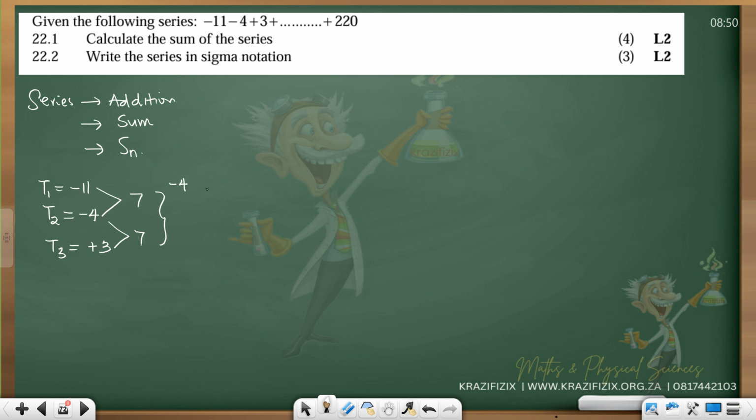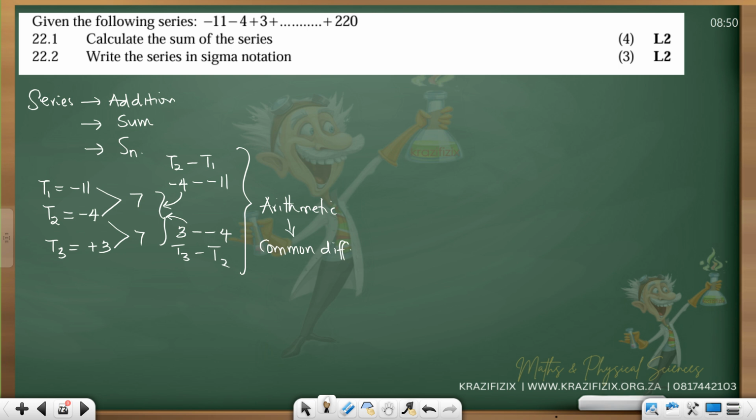Both are giving you the same answer, so it's a common difference, T2 minus T1. By doing this, I have already identified this as what? An arithmetic series, because it has a common difference.